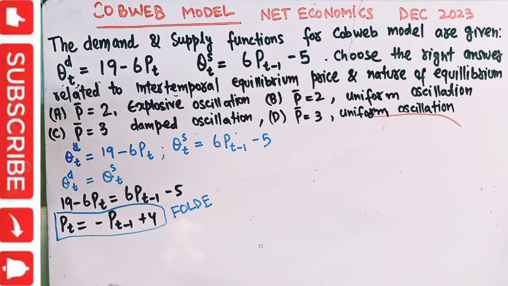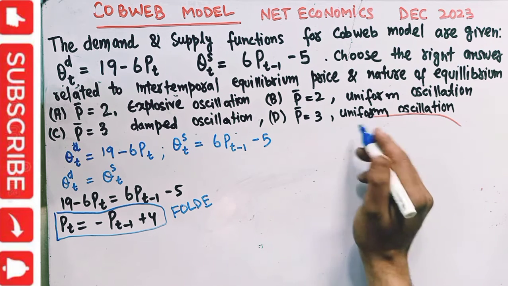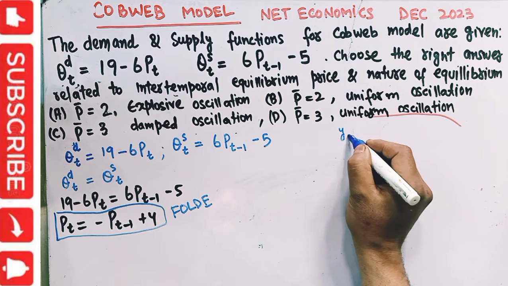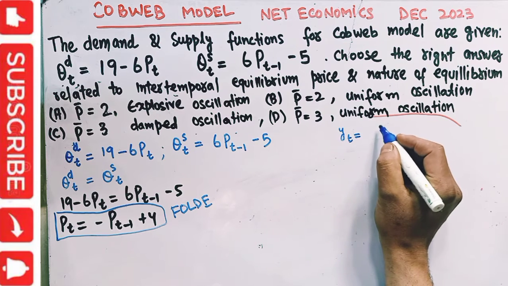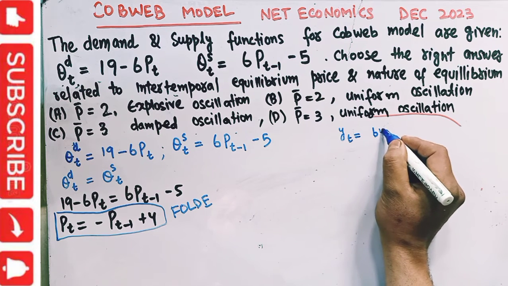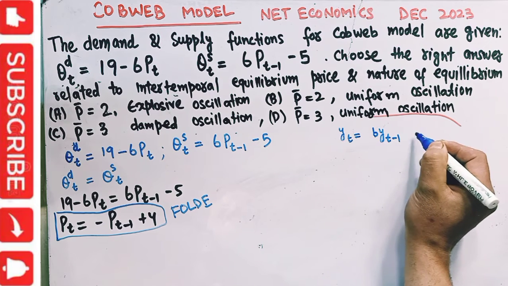How do we find the solution of a first order linear difference equation? Suppose we have a general equation: yt is equal to b yt minus 1 plus a.